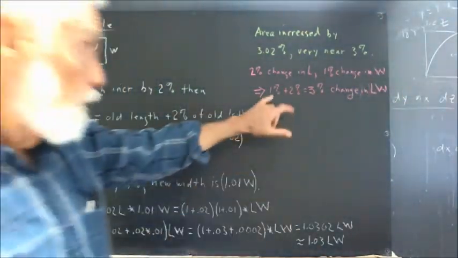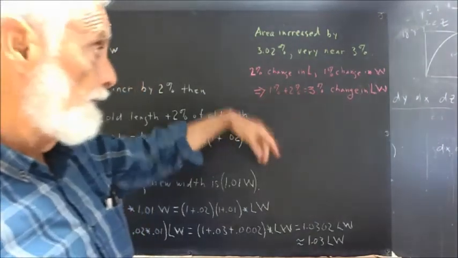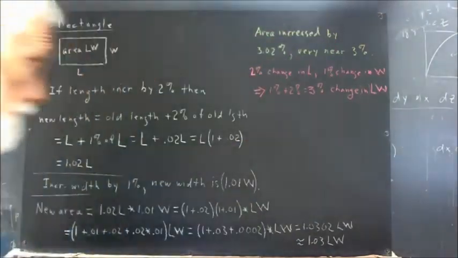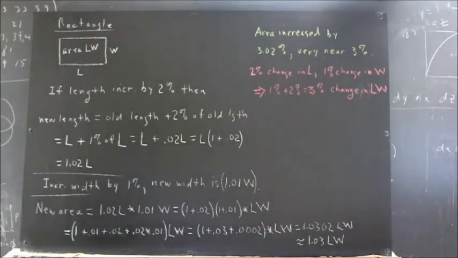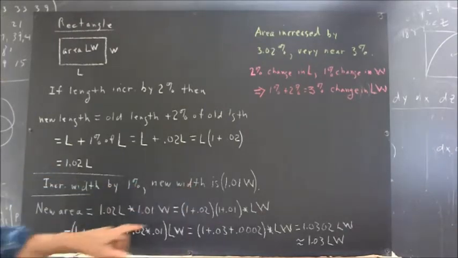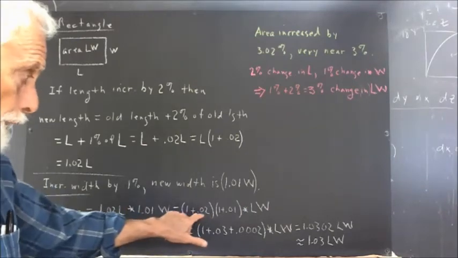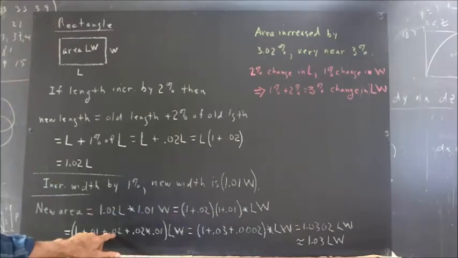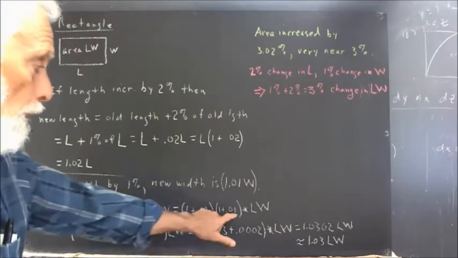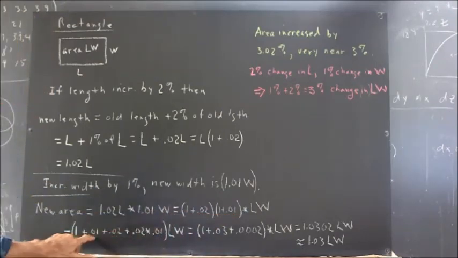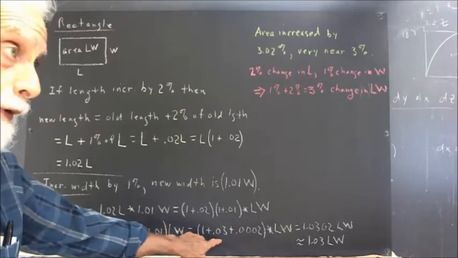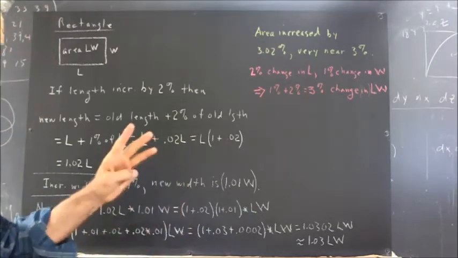Okay, and why would I add 1% to 2% to get 3%? Well, that's fairly obvious in terms of the numbers, but we can actually justify that if we go back here and see where the 0.02 came from. The 0.02 is multiplied by the 1 to give us a 0.02. The 0.01 was multiplied by this 1 to give us a 0.01. So when those were added together, we got the 0.03, which represents a 3% increase.